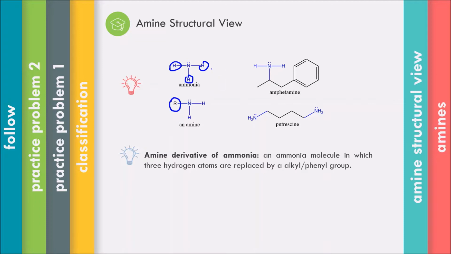Same as we have R over here, such as CH3, you can have another CH3 instead of this hydrogen, and CH2, CH3 instead of this hydrogen. You can put phenyl groups, which is a benzene ring, etc. So that just means that you can take an ammonia molecule with three hydrogens, and each of those hydrogens could be replaced by an R group.